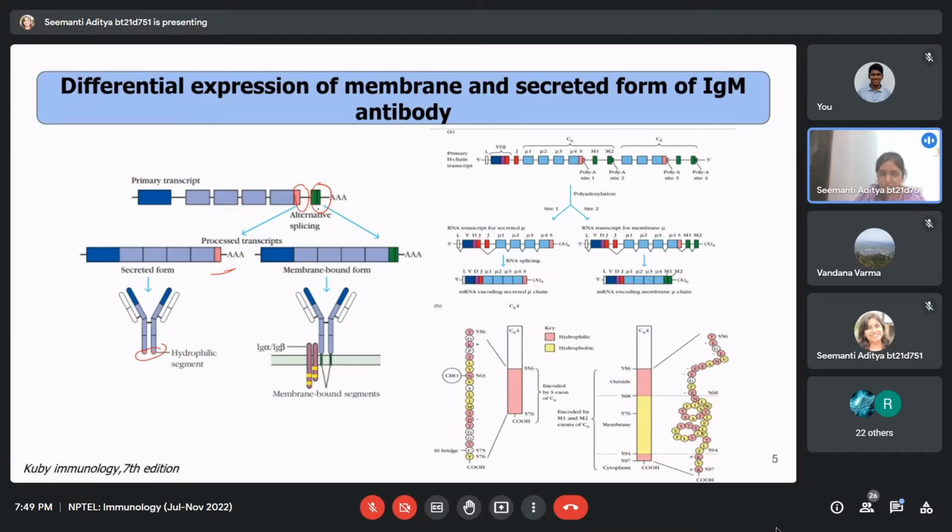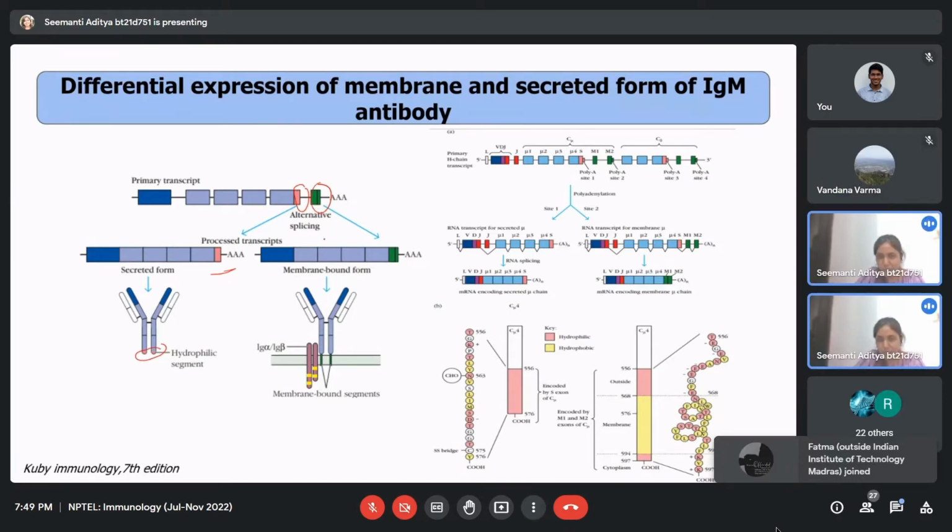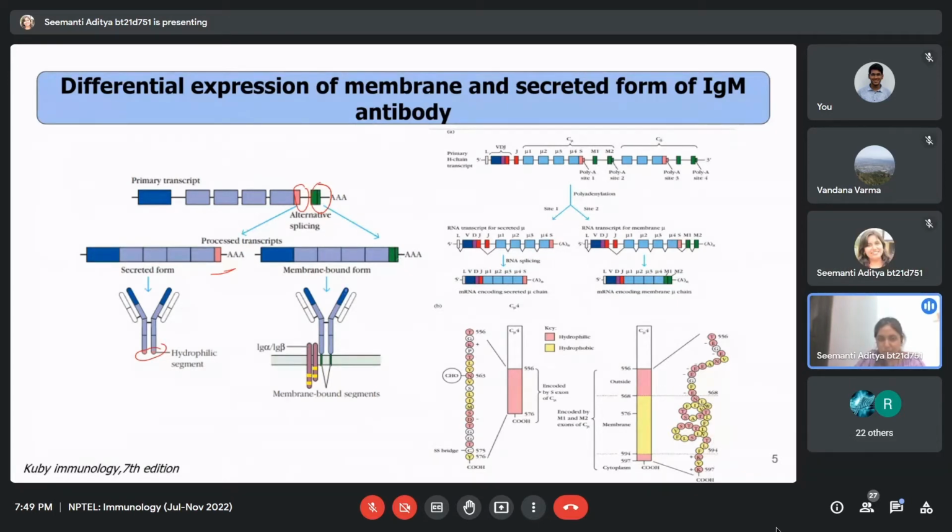But if the membrane bound segment comes closer and is spliced together, then this M segment will form the membrane bound part. This is the membrane bound antibody, and it will have mostly hydrophobic residues to allow it to embed itself inside the membrane of the B cell.